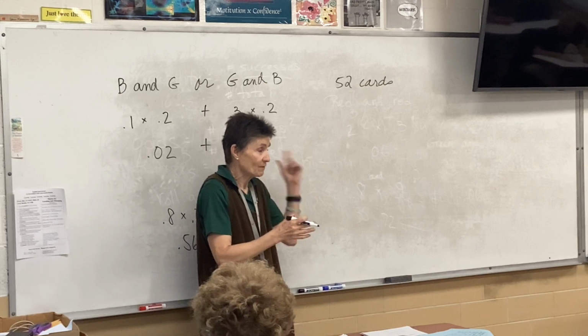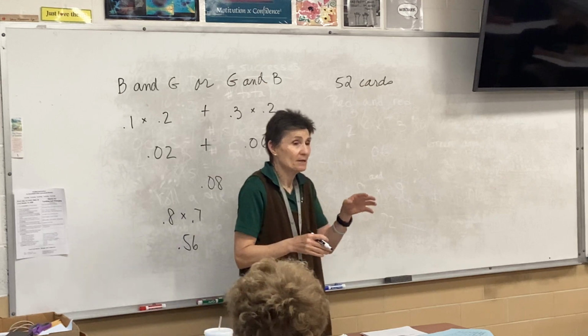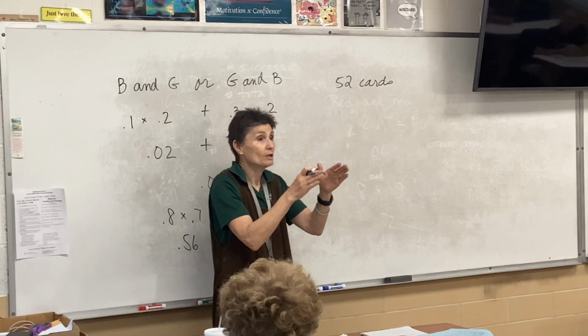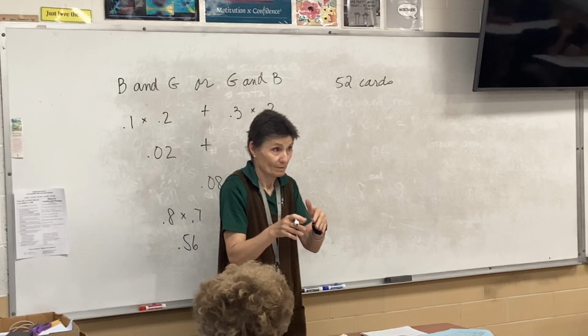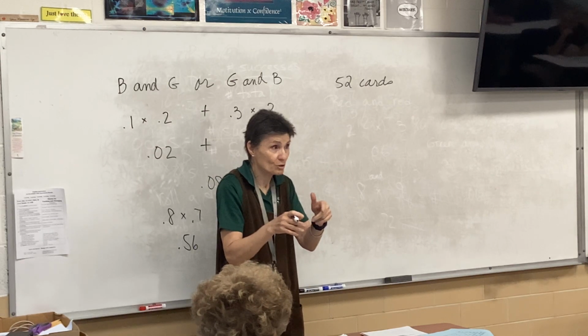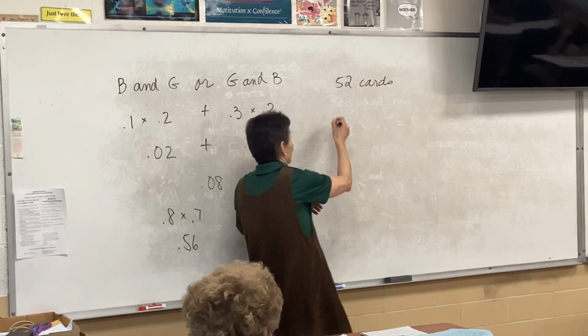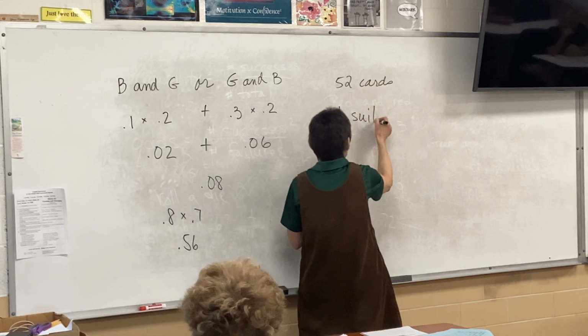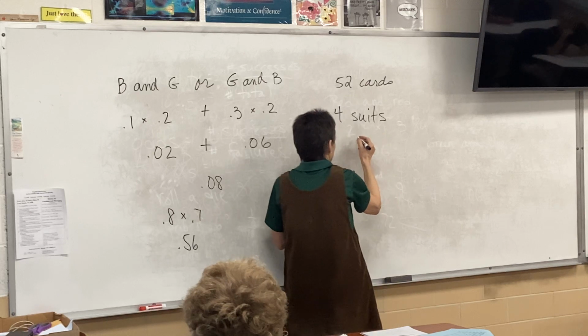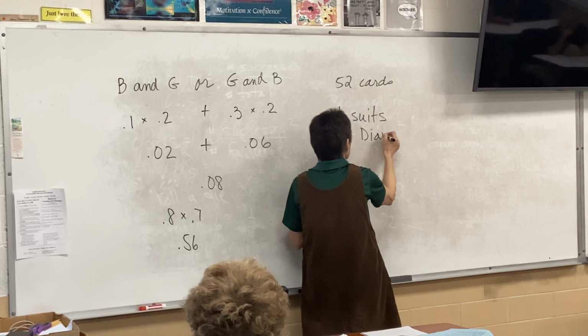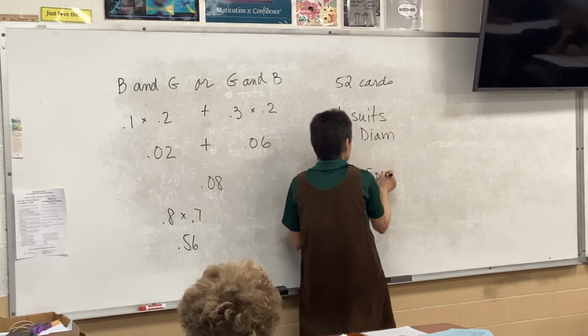The deck of cards, 52 of them, are divided up into 4 what we call suits. You know what I'm talking about? What are the suits in a deck of cards? Diamonds. Hearts. Spades. Clubs.